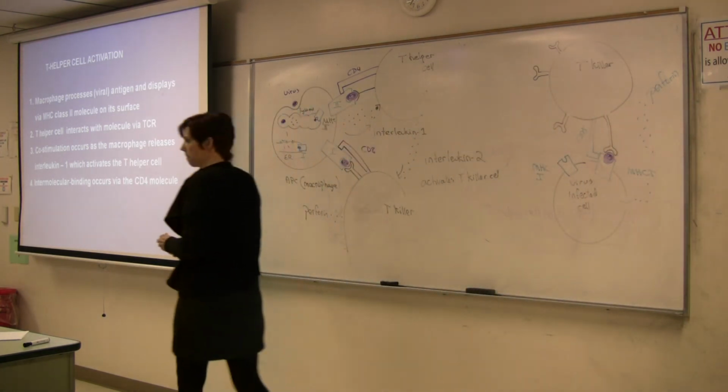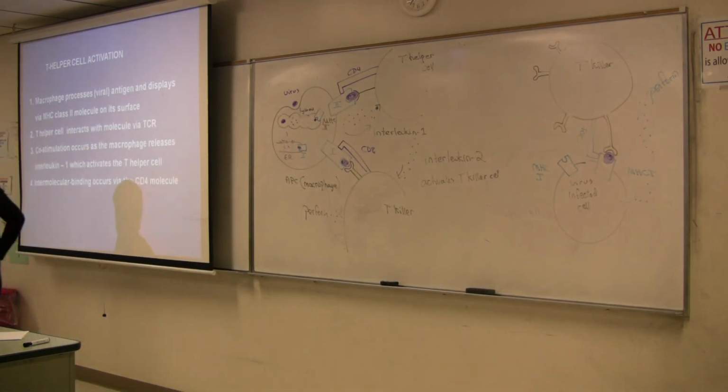Okay. So it's killing the virus-infected cell not because it recognizes the virus as foreign, but because it interacts with the MHC1 molecule and recognizes that antigen as foreign. So it kills the virus-infected cell.